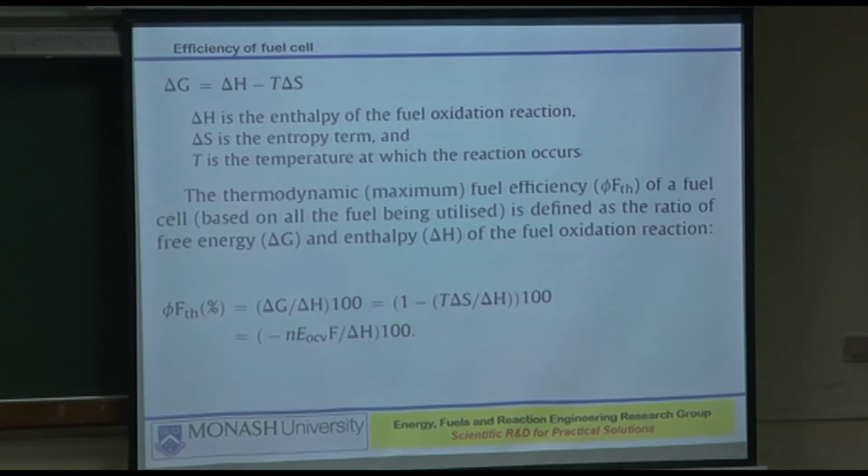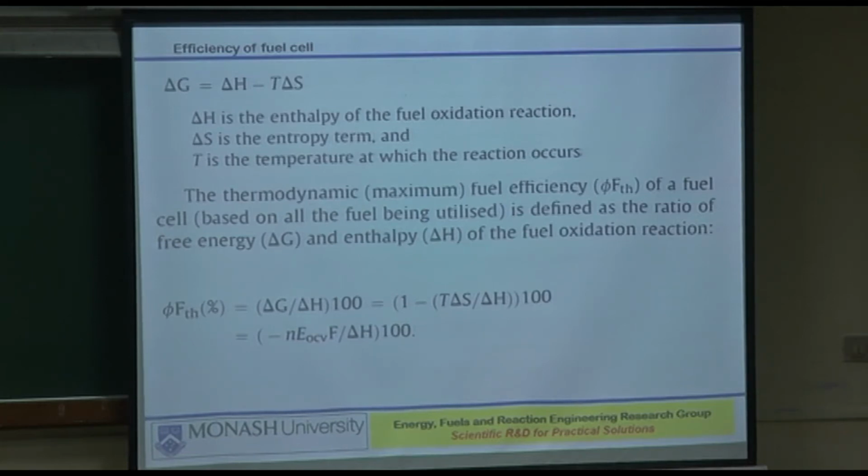And here the OCV stands for the open circuit voltage for a fuel cell. Open circuit voltage means, when you have connected the electrodes, the current will flow from one of the electrodes to the other through the electrolyte.